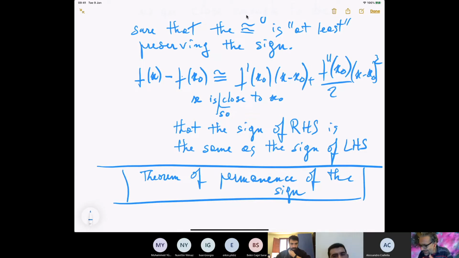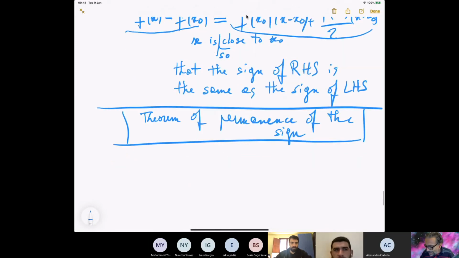So when x is close to x0, and if the Taylor expansion is applicable, this is true. This left hand side and this right hand side have the same sign. Okay, so imagine that x0 is a minimum.